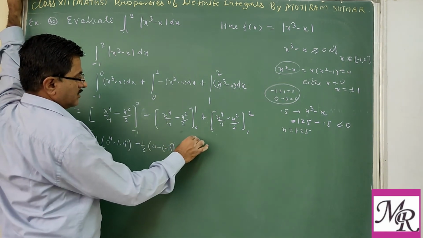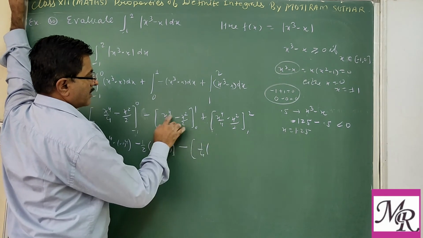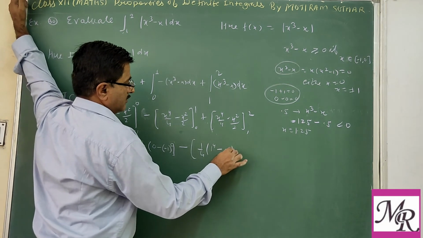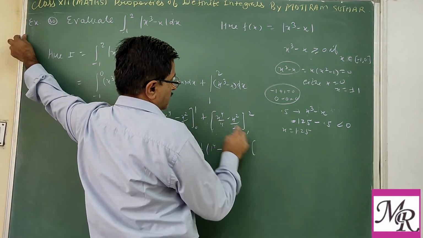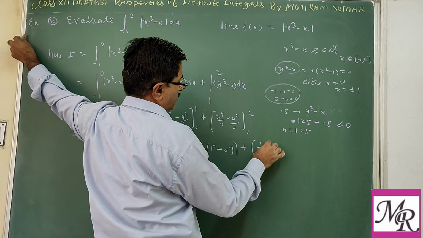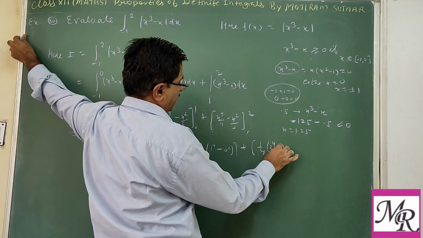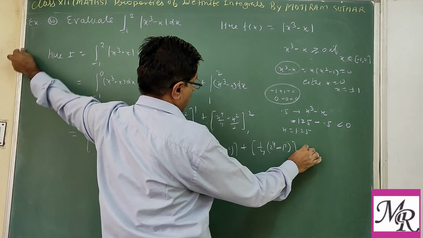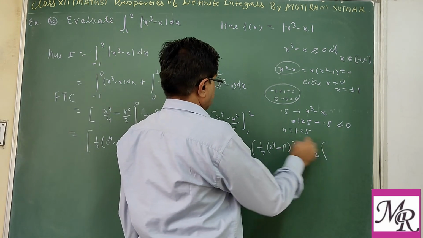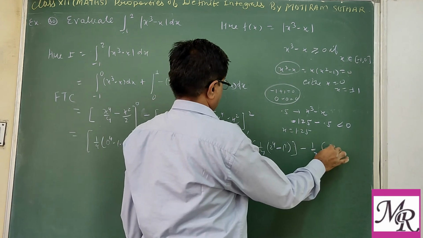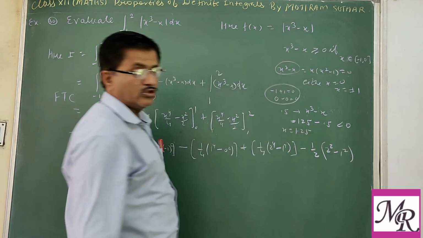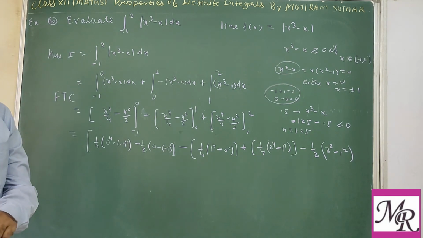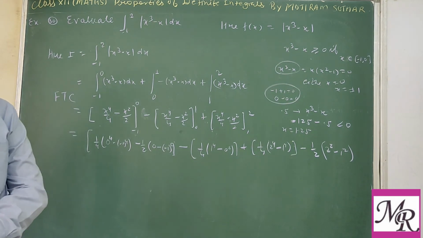Then minus 1 by 4, upper limit, that is 1 power 4 minus lower limit, plus 1 by 4, upper limit, that is 2 power 4 minus 1 power 4. Then minus 1 by 2, upper limit minus lower limit. So this is the calculation for the different function. We have to put the values of the limits and simplify.